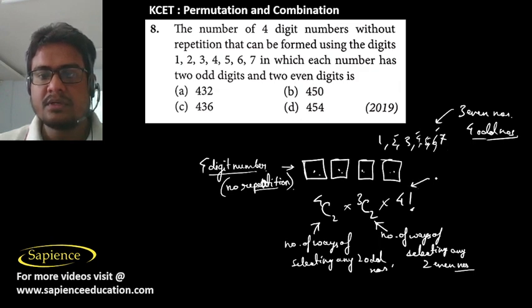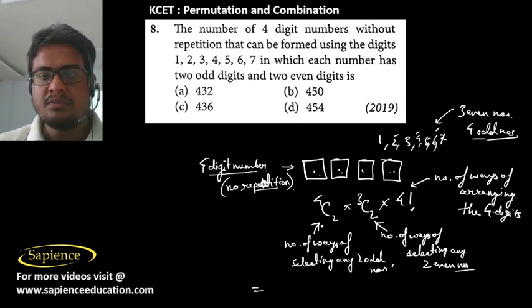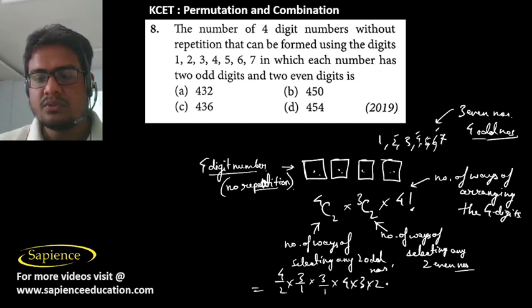So 4 factorial is the number of ways of arranging all the 4 digits. So the answer will be 4C2, that is 4 by 2 into 3 by 1, and into 3C2, which is 3C1, that is 3 by 1, into 4 factorial, which is 4 into 3 into 2 into 1.